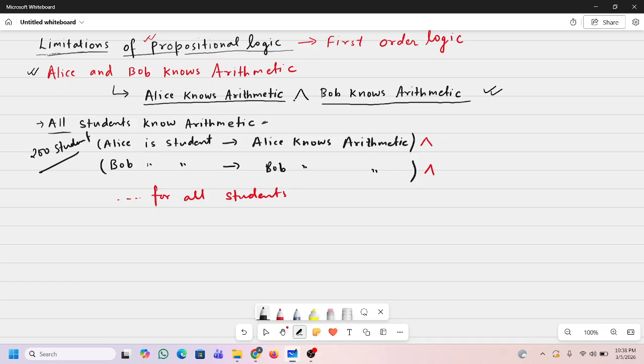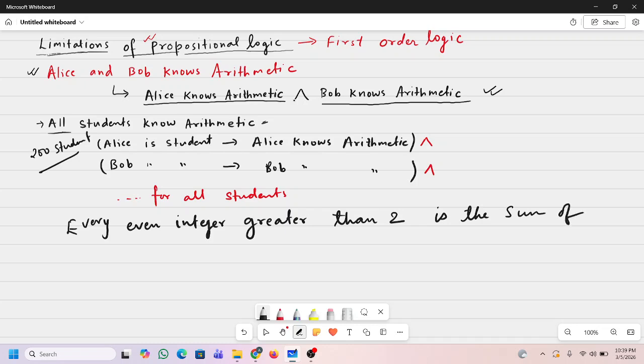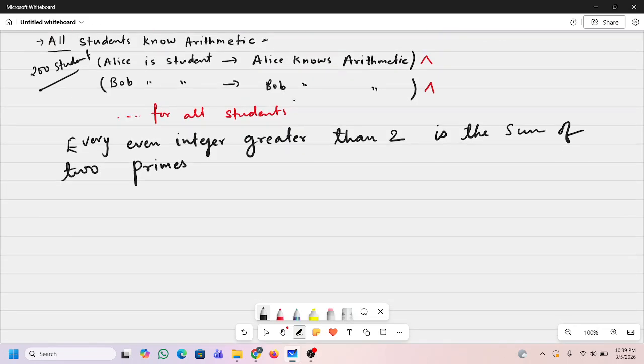If you see another example, that is completely impossible to write: every even integer greater than 2 is the sum of two primes. Okay, so this is our statement and we want to write it in propositional logic.